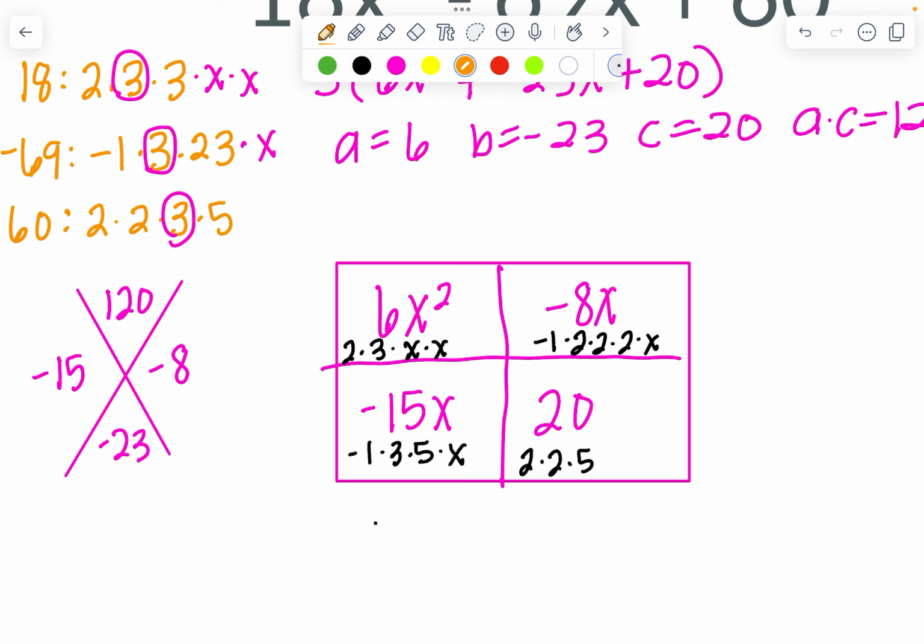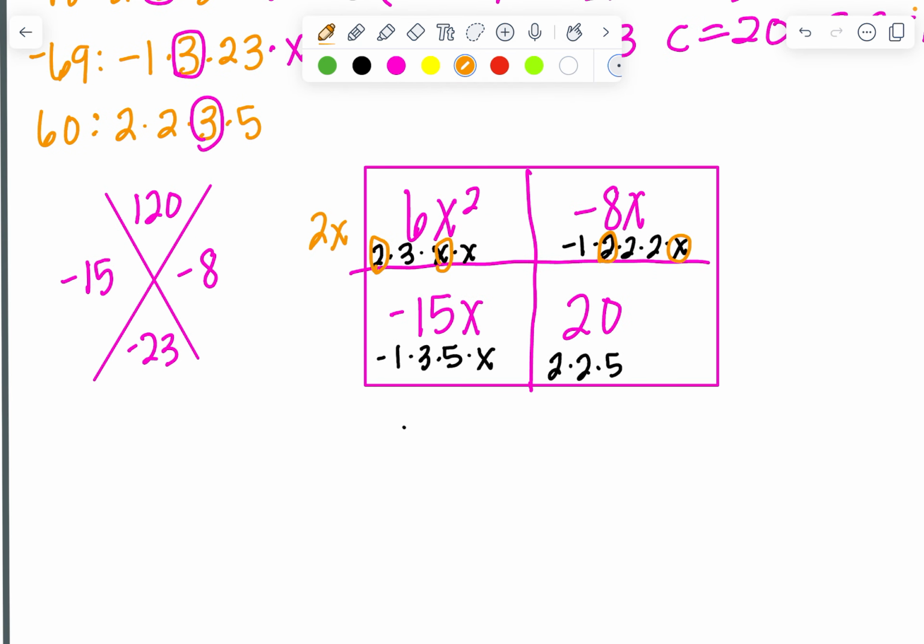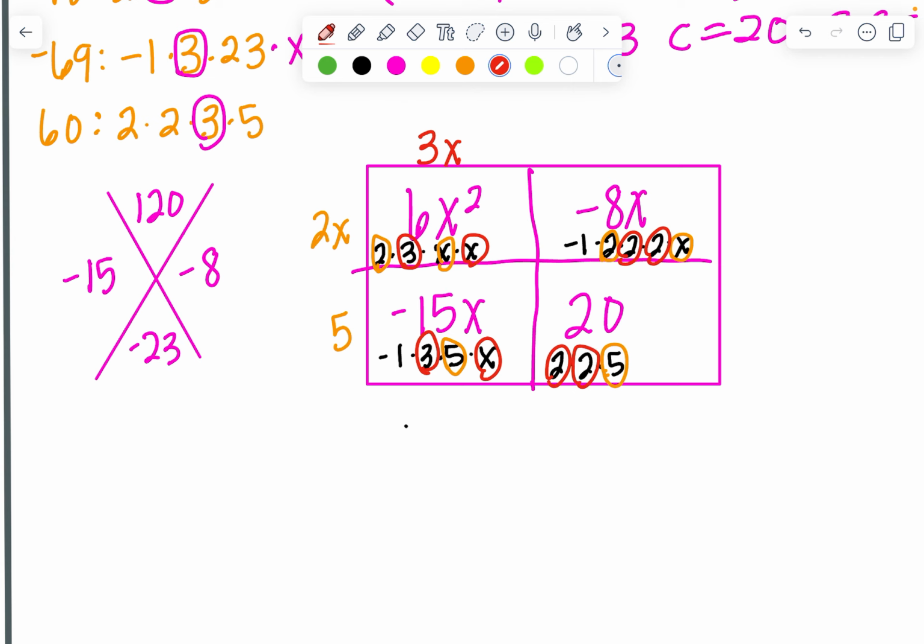So now looking for GCFs. If I look at my first row here, I have a 2 and an x for each of those. My second row, I have a 5. My first column, I have a 3 and an x. And then my second column, I have 2 2s, which is a 4.